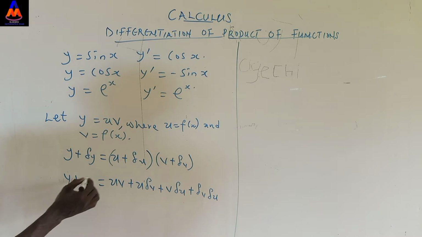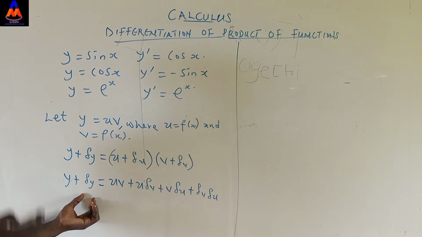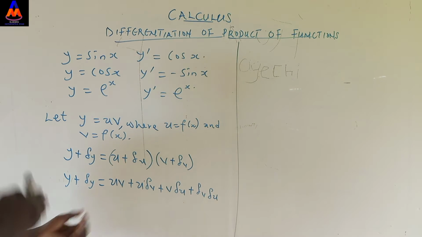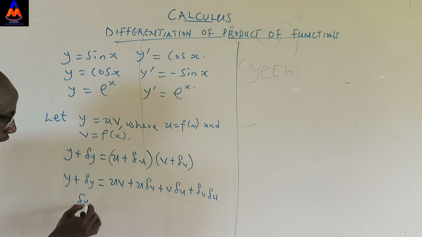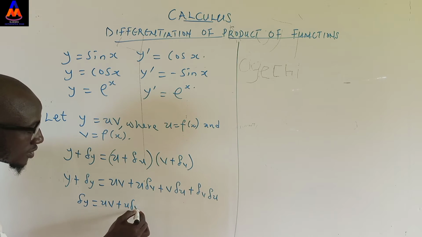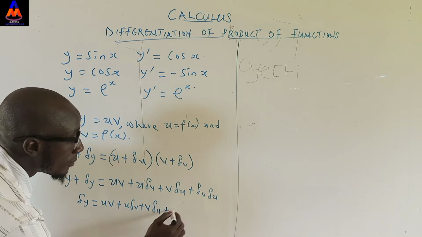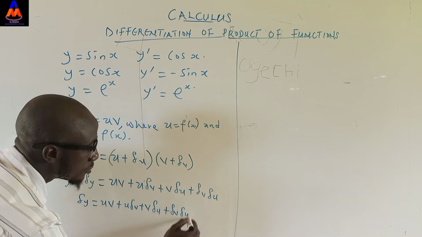So this is y plus change in y. The next thing is to make change in y the subject, based on the way we established our first principle. We are using the approach of our first principle here, the second approach that we use. So this is change in y equals uv plus u change in v plus v change in u plus change in v change in u.